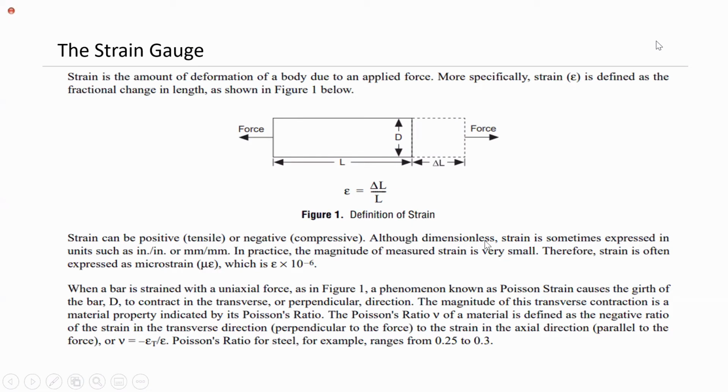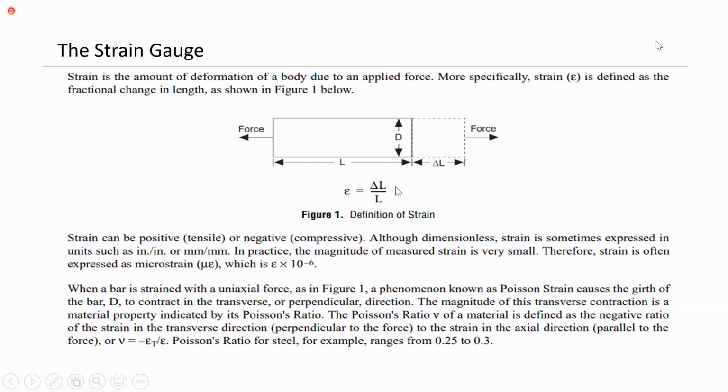Although dimensionless, strain is sometimes expressed in units such as inches per inch or mm per mm. In practice, the magnitude of measured strain is very small. Therefore, strain is often expressed as microstrain, which is modulus times 10 to the power of -6.